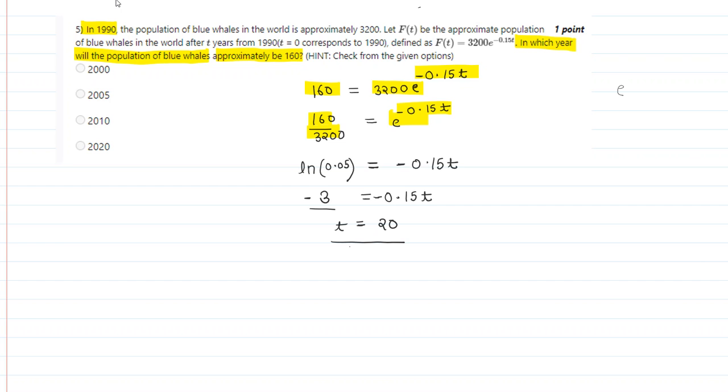If we have an expression like 5 is equal to e to the power x, then ln 5 is equal to ln e^x, because ln is nothing but log with base e. So this becomes x, and we have ln 5 is equal to x, and this is what we used here.